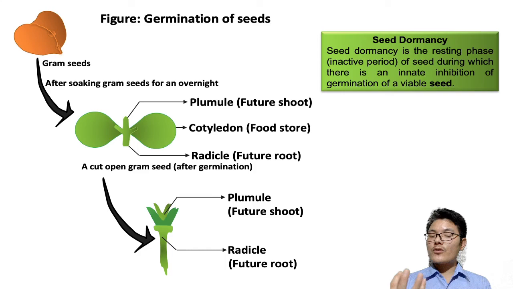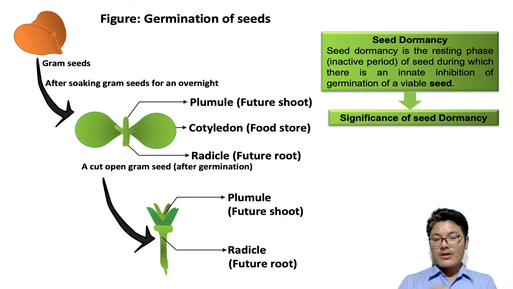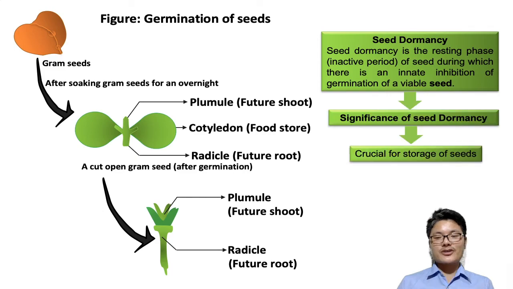So what is the main purpose or main objective of seed dormancy? Mainly it is important for storage of seed. For us, in order to consume later, we can store it. And even for the plants, it's important for continuation of the species.